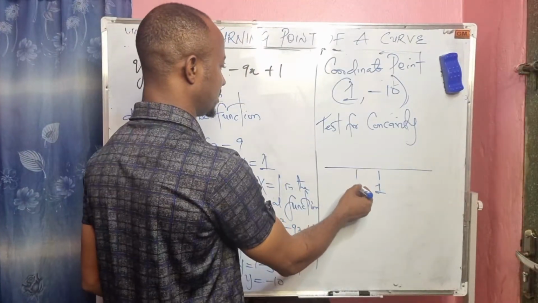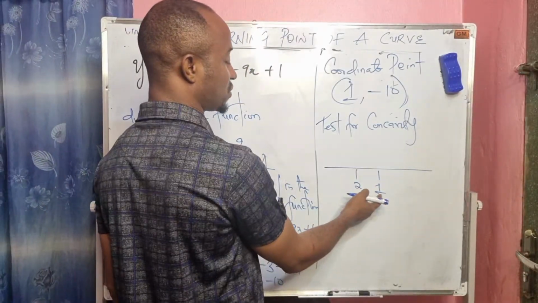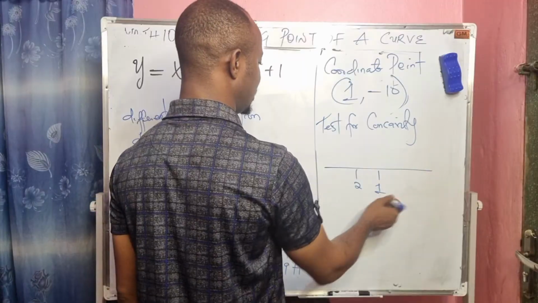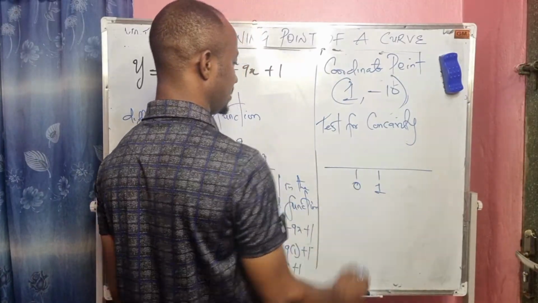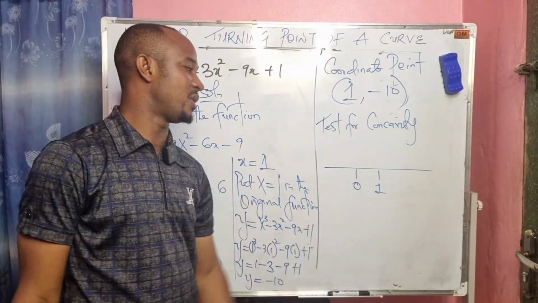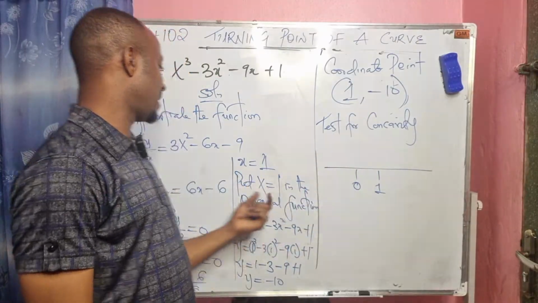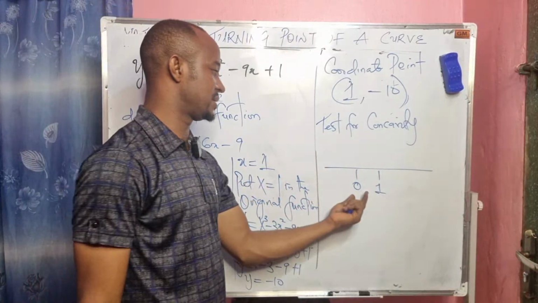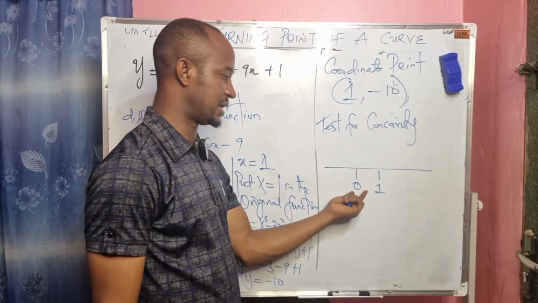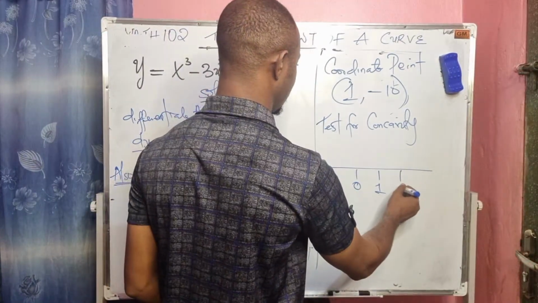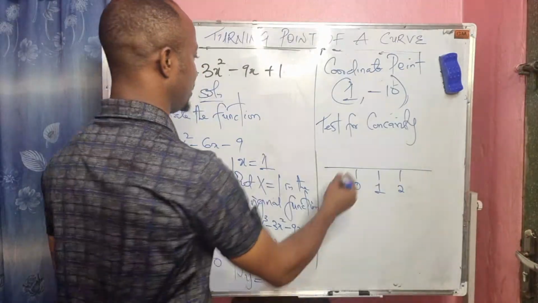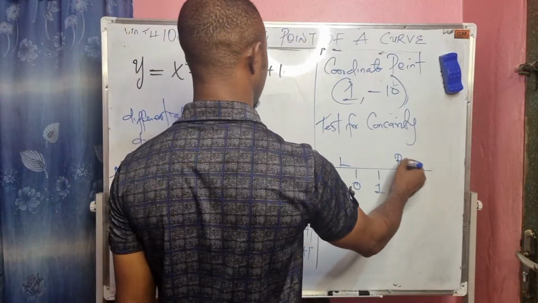To the left, when you add 1 to 1, we have 2. Sorry, it is 0 rather. We subtract 1 from 1. If our x is 1, to the left will be 0 and to the right will be 2. This is our left and this is our right.